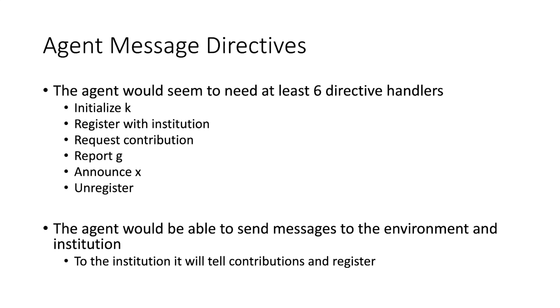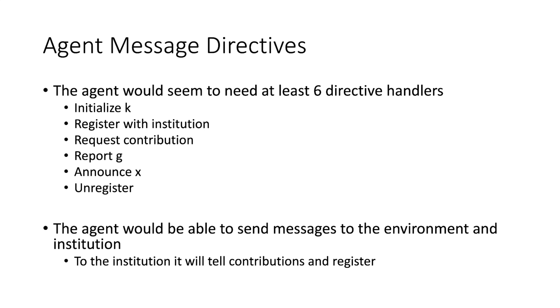Finally, you'll want to look at the agent message directives. So you would need at least 6 directive handlers for the agent. So to initialize, register at the institution, request a contribution, report the good, and then have an announcement from the environment and also an unregistered request.